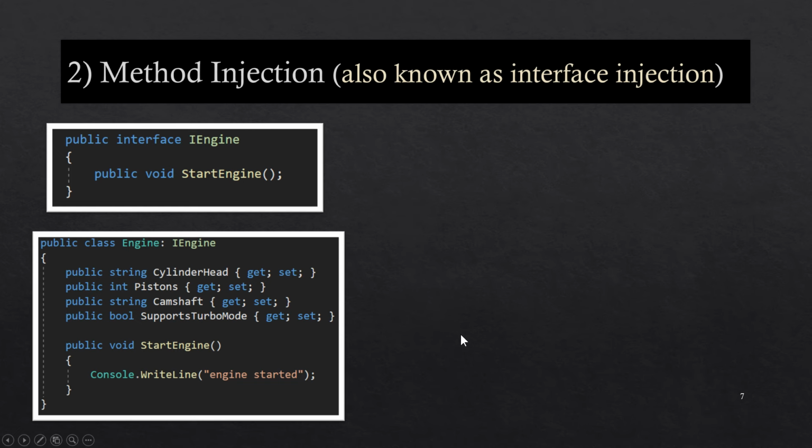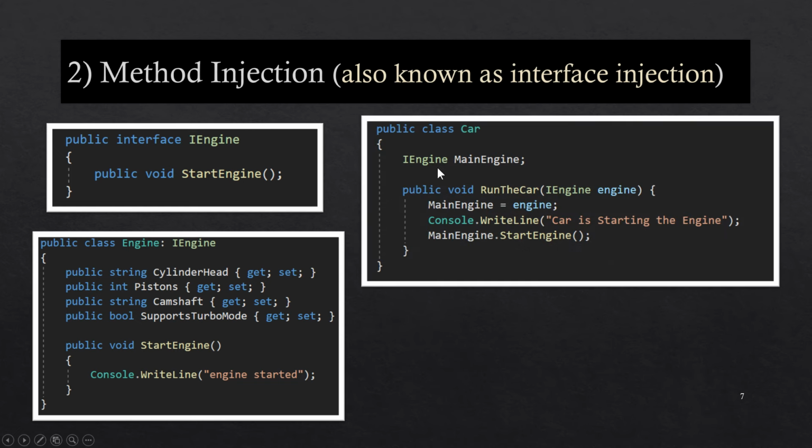So now let's proceed. We have a car class and we have the main engine, but this time we are not using a constructor to get the engine. We are using an approach where, when we run the car, we are required to provide an engine, and we have used this iEngine so that now we can provide any engine, not just this engine class, and the car will run.